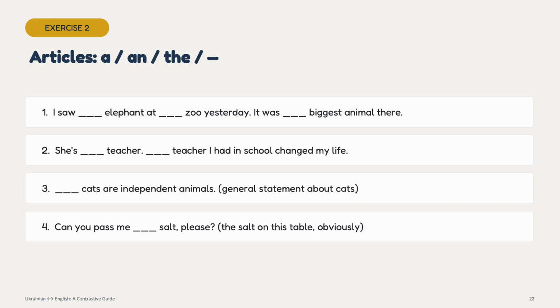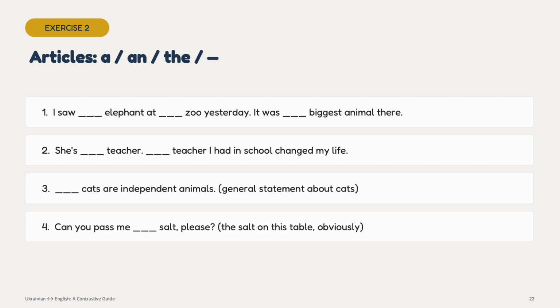Because in the first sentence we have some random teacher, I guess, and in the second one we describe the teacher and give additional details about this person. So another person can understand who exactly the teacher is that we're talking about.